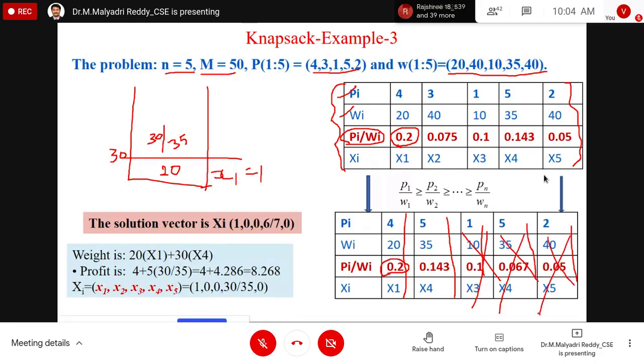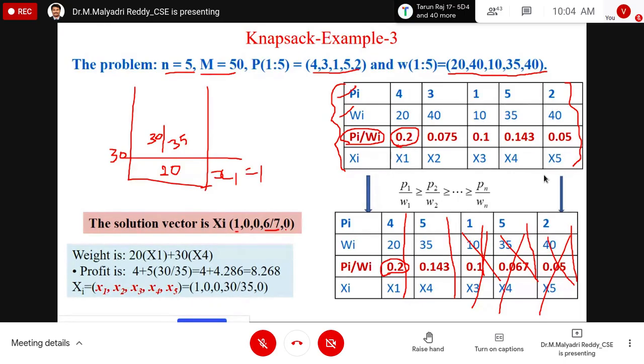Okay, right? So what you select from x1 is 1, x2 not selected, 0, x3, 0, x4, 30/35, which is 6/7, right? x5 not selected, 0.